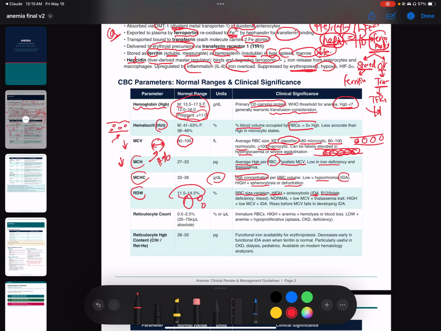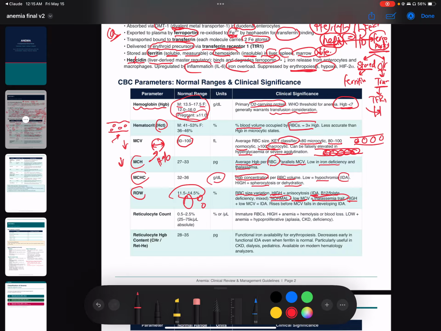And as we will talk about in the next slides, if the RDW is normal and you have a low MCV, you have to consider thalassemia, because this is a pattern for thalassemia, and we'll talk about patterns in anemia in later slides.